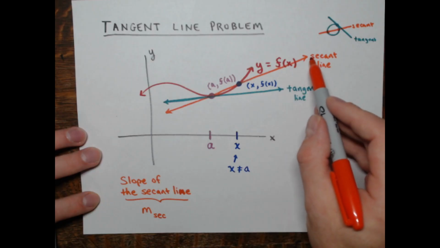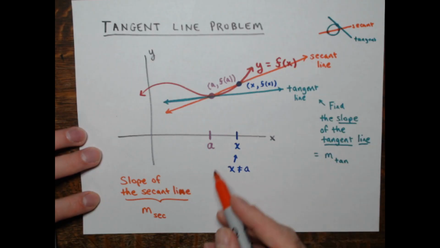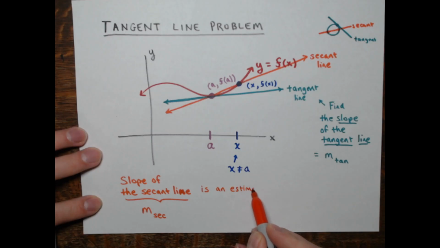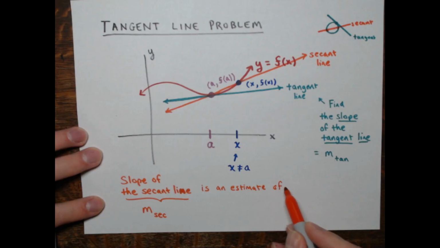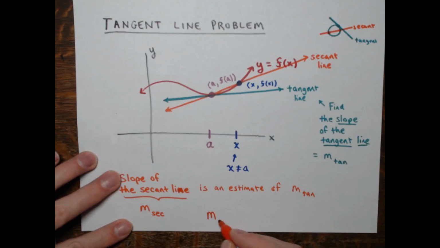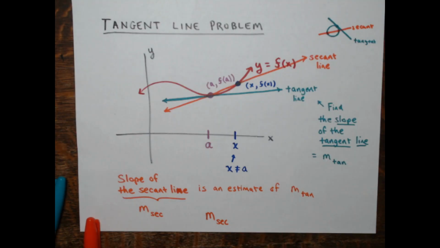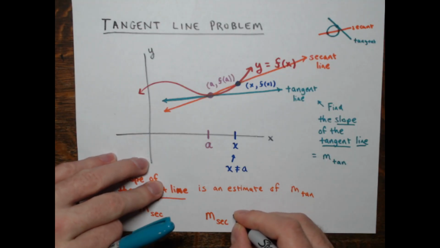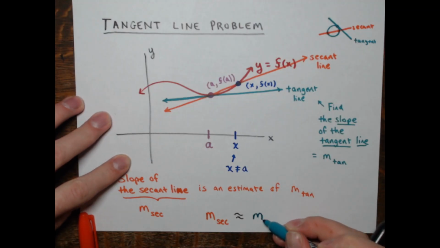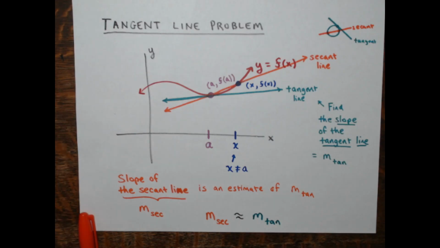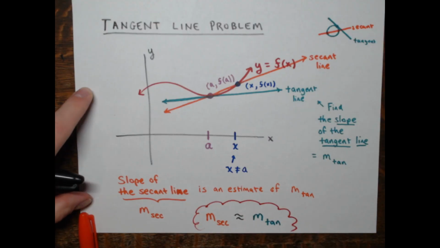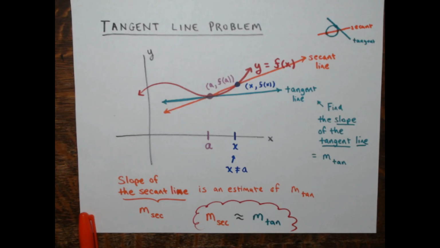The slope of this orangey secant line I made cutting through 2 points is an estimate of the slope of the tangent line. So I'll write that up here: the slope of the secant line is going to be approximately, and not exactly, the same as the slope of the tangent line that we're looking for. So this is big. This is the initial part of getting toward the slope of a tangent line.